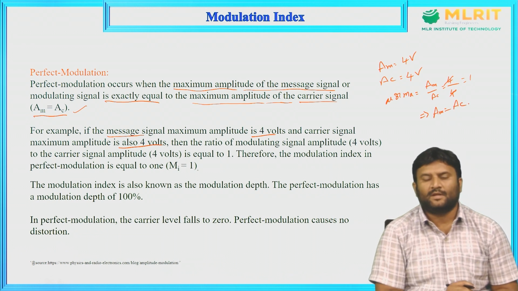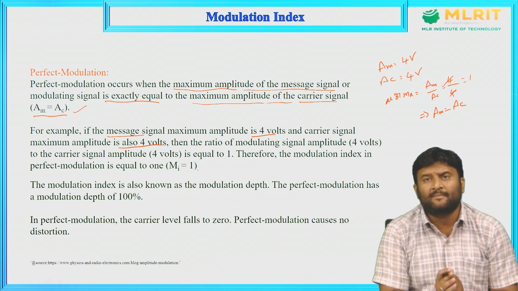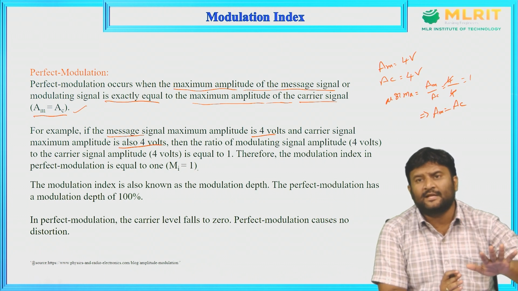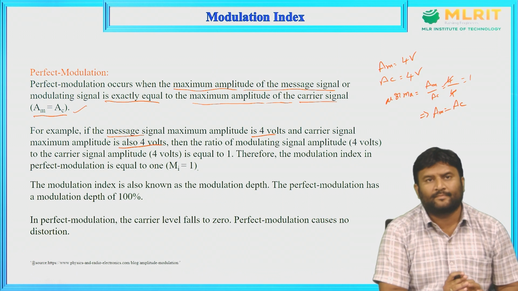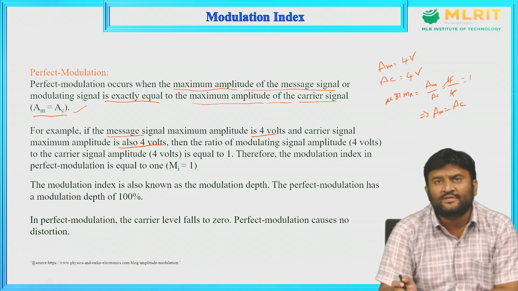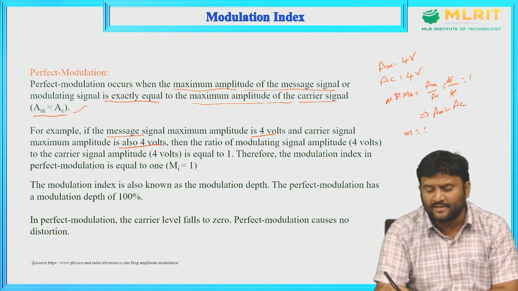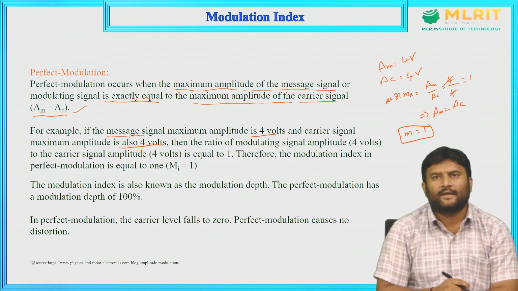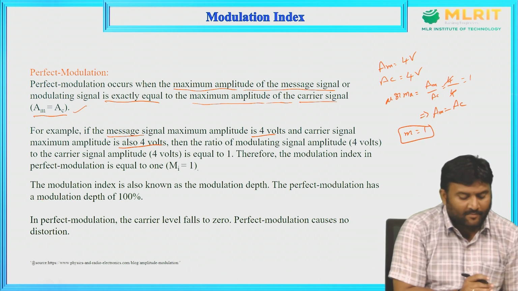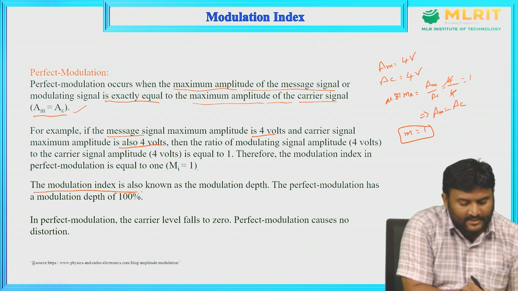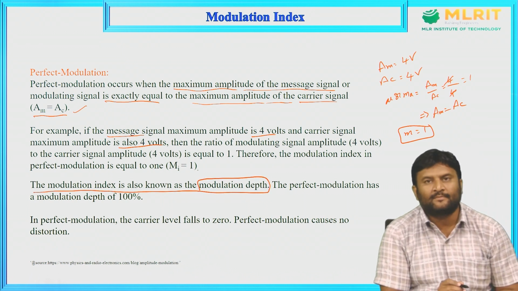AM is equal to AC. This is called perfect modulation, nothing but the amplitude of the message signal and amplitude of the carrier signal both are equal. Therefore, in that situation, the modulation index value is m is equal to 1. Next point, the modulation index is also known as modulation depth or depth of modulation.